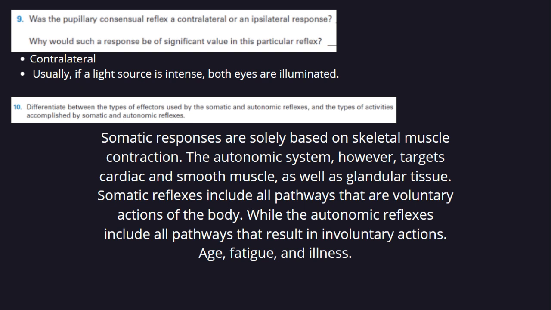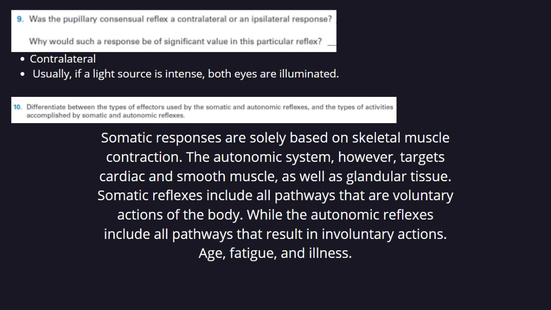The autonomic system, however, targets cardiac and smooth muscle, as well as glandular tissue. Somatic reflexes include all pathways that are voluntary actions of our body, while the autonomic reflexes include all pathways that result in involuntary actions.